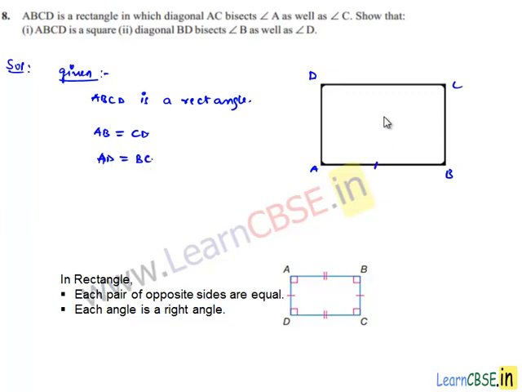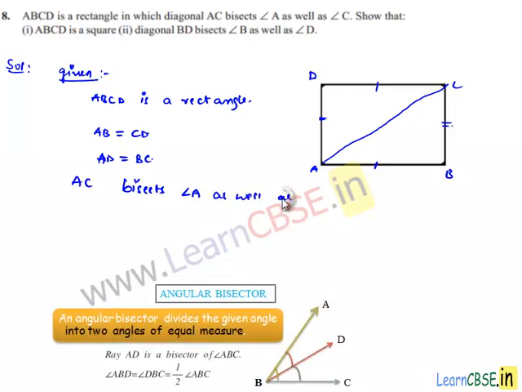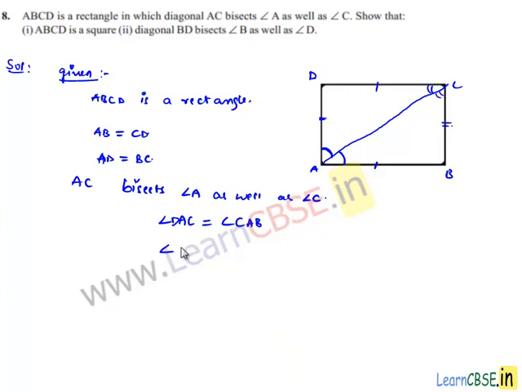It also says that diagonal AC bisects angle A as well as angle C. So here, if we consider angle A, angle DAC will be equal to angle CAB, as AC is bisecting angle A, and AC is also bisecting angle C, so we can say angle DCA is equal to angle ACB.